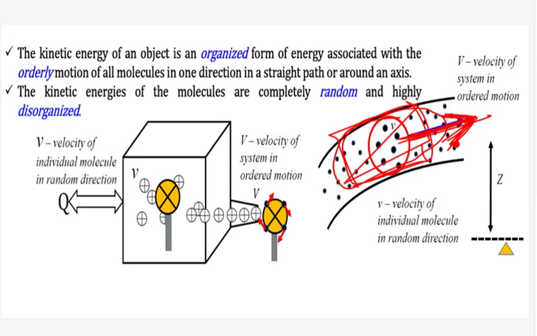So the kinetic energy of the system is orderly, organized energy and helps us in conversion of energy, and it is useful. But the kinetic energy of molecules is disorganized energy and is not useful to us. Okay, so this point is clear to everyone.